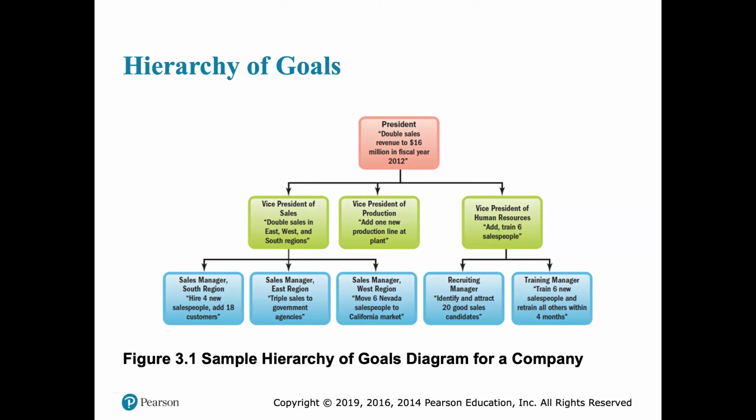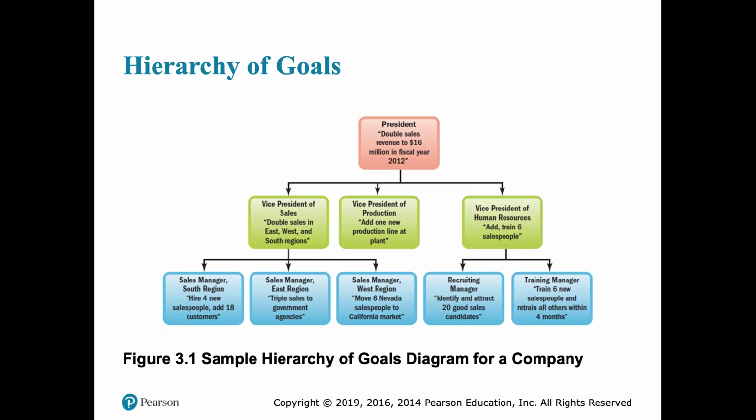The production department, which is not mentioned here, would have to decide what they have to hire in order to have enough supplies or products and services to be delivered if that goal gets increased to 16 million. For us, the human resources tab is most important. That's what we're focusing on.